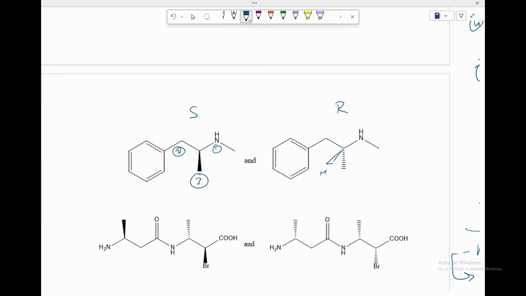And let me tell you a funny thing. These two are forms of methamphetamine. Methamphetamine exists in two forms, the S and R. But the R form is actually safe for medical use, I believe. Yeah, so the R form of methamphetamine is safe.